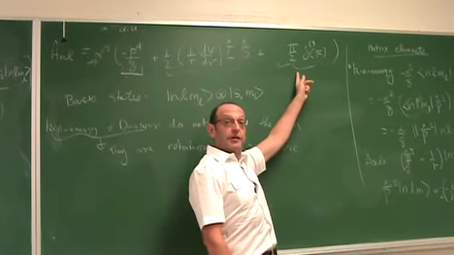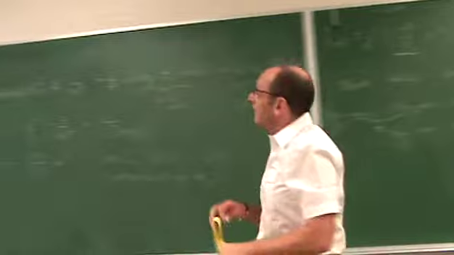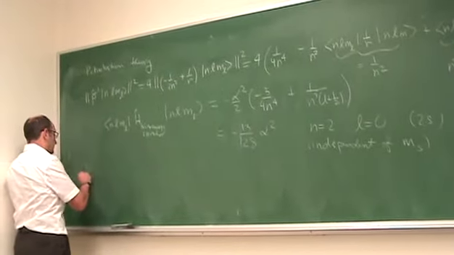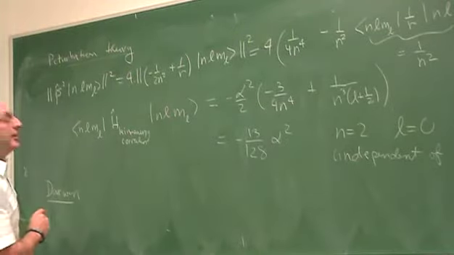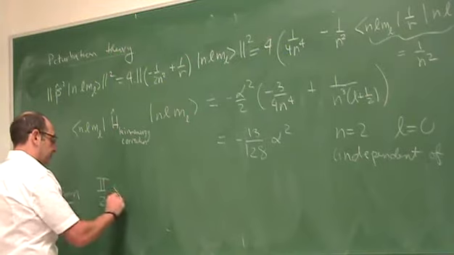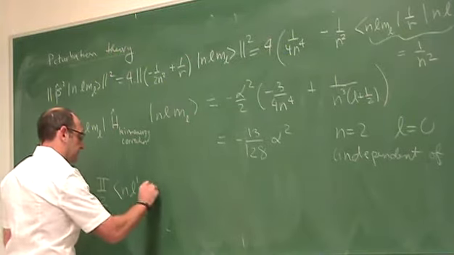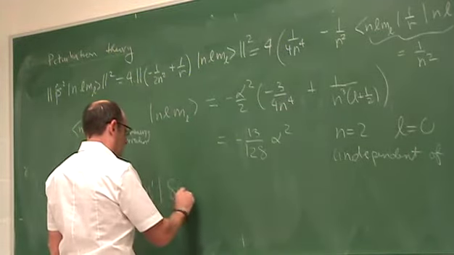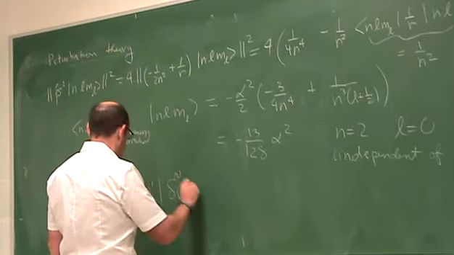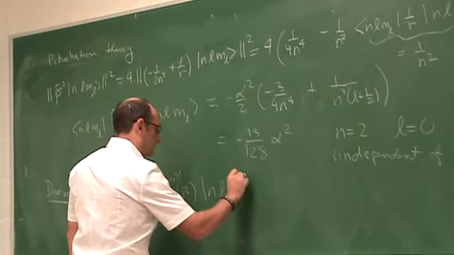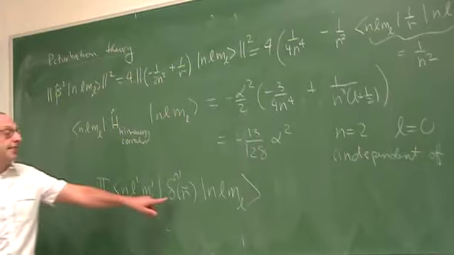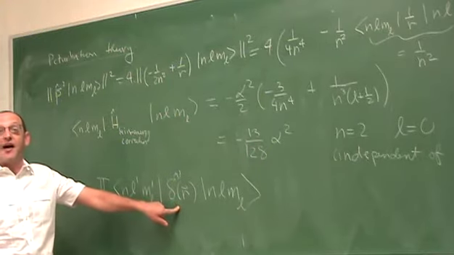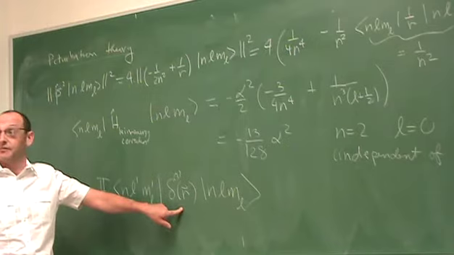And now we need to think about this term, the Darwin term. Let's take a look at that matrix element. Just generally, this depends on only the value of the wave function at the origin, right?